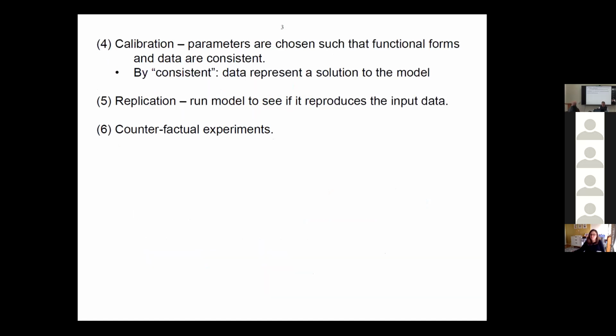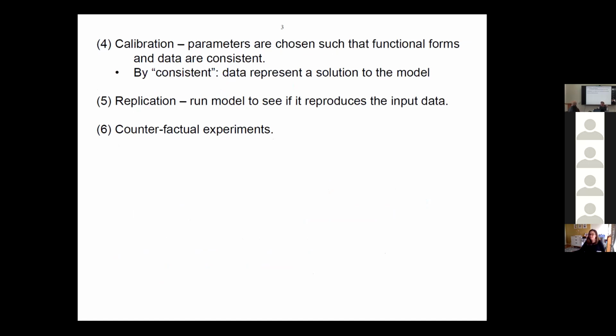Then calibration in bigger models. This is often 90% of the work. My model calibrates, you hear somebody screaming down the hall. And that's basically choosing values for parameters so that the functional forms and data are consistent. And by consistent, I mean the data represents a solution of the model.